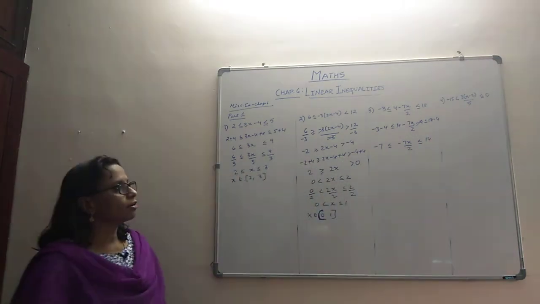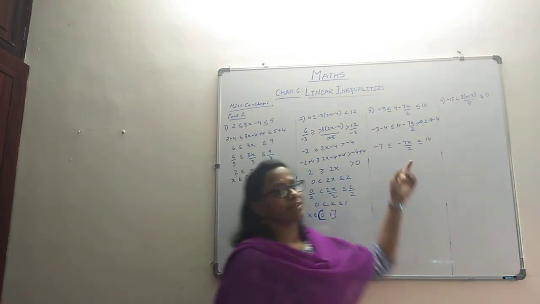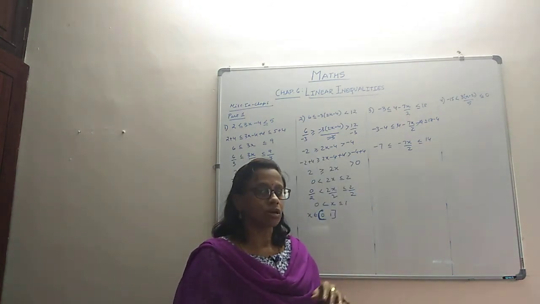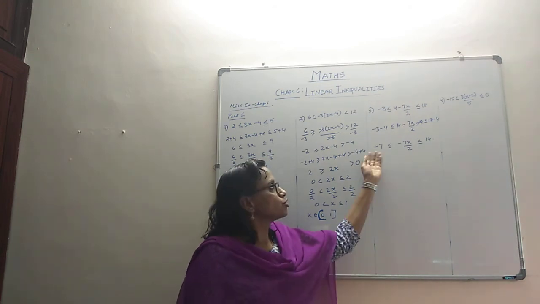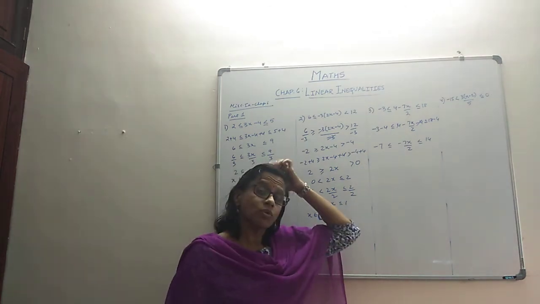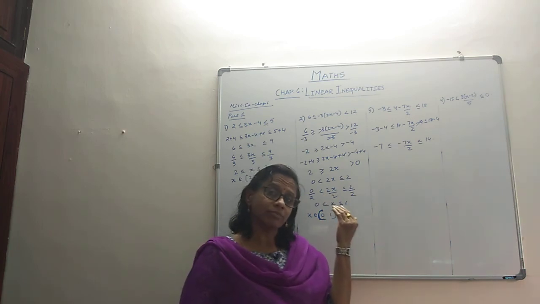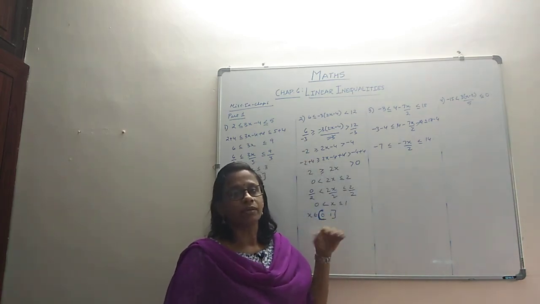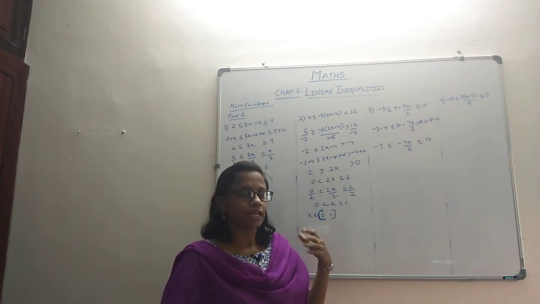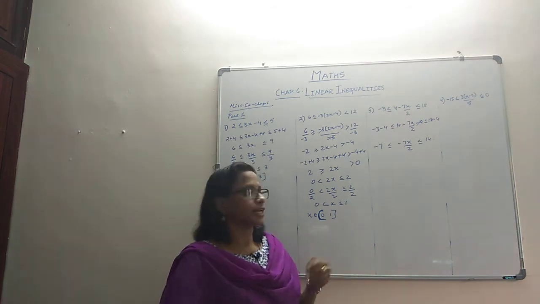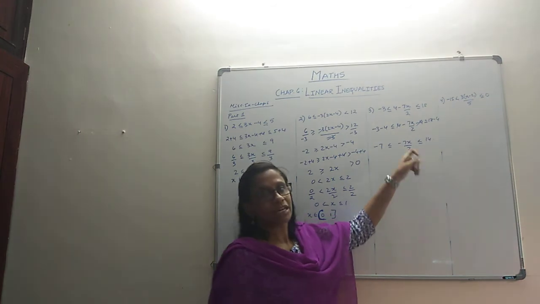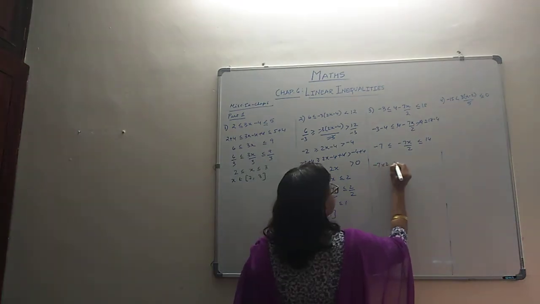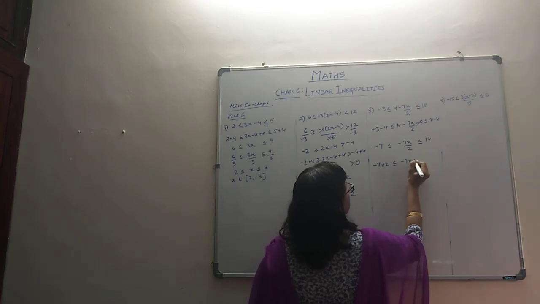Now, in order to get x, the minus 7 by 2 has to go away. If it's not so comfortable, first you take the 2, then you take the 7. But there is no harm if you take the minus 7 by 2 at the same time. When you take a fraction to the other side, you are actually multiplying by its reciprocal. First let's take 2, multiplying 2 on all sides.